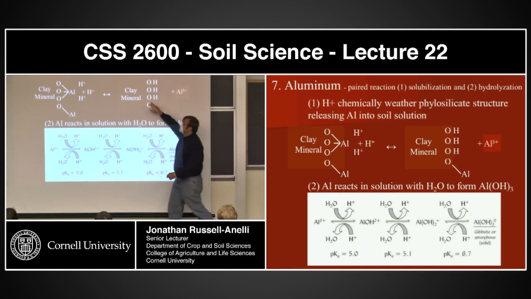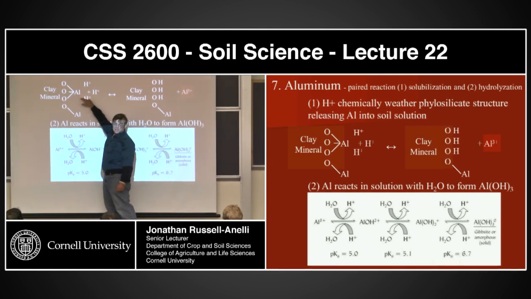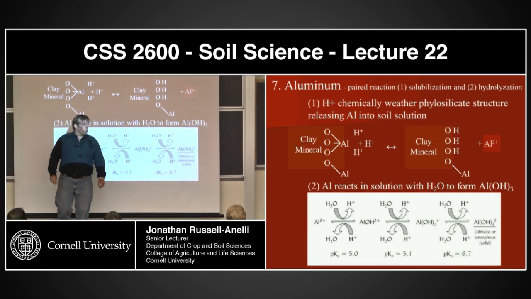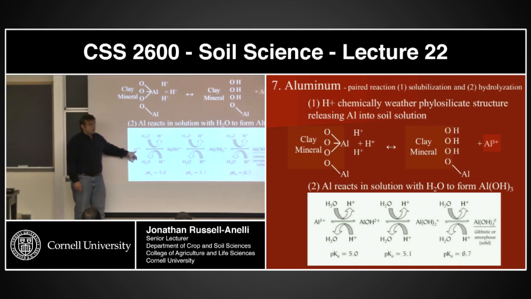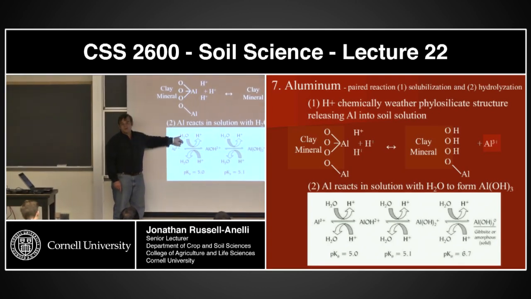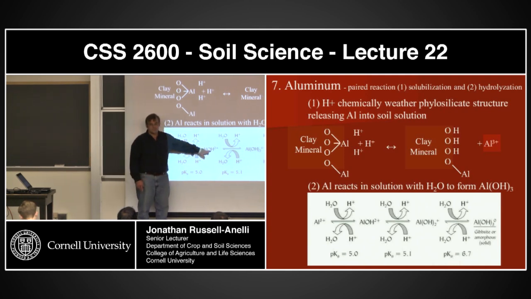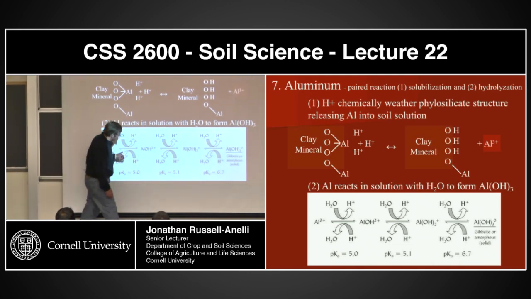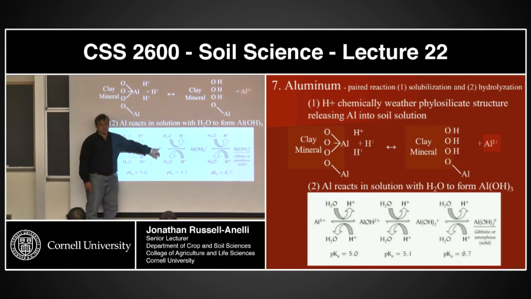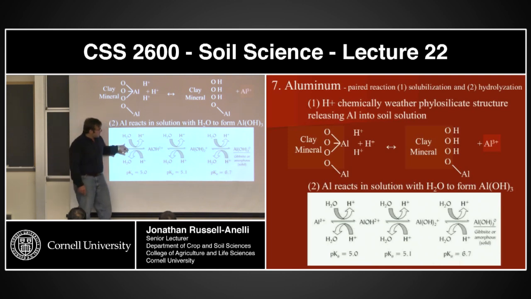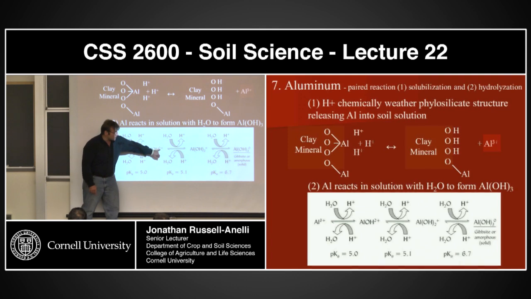All right. Now, theoretically, that's going to reduce these protons. But when that aluminum goes into solution, it's going to react with water. It's basically going to hydrolyze it. The proton is going to go into solution, and the hydroxide is going to be pulled out, and it's going to turn into an AlOH plus 2 or plus 1, depending upon where it is. Now, this can continue to react. The charge hasn't been balanced yet.